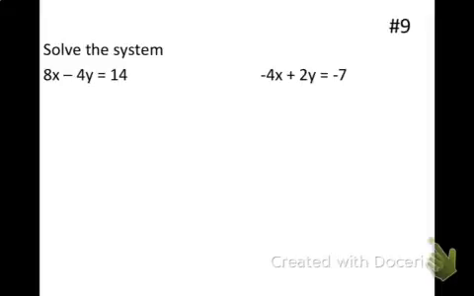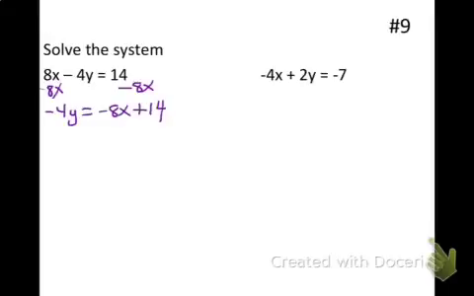The last one I'm going to do is another solution. I just put them next to each other so that it will be easier for me to solve it. Okay, so what I'm going to do now is I'm going to solve for y. Subtracting 8x from both sides, and I get negative 4y is equal to negative 8x plus 14.